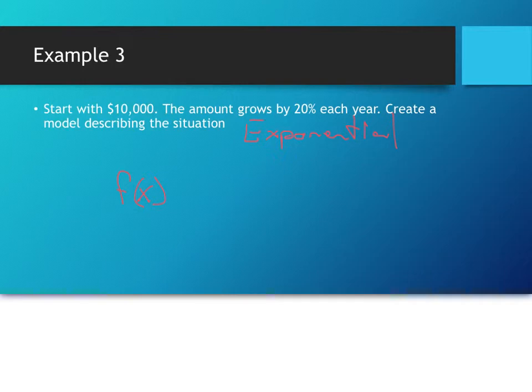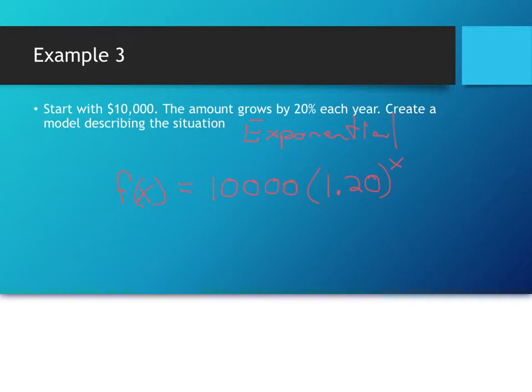And remember how exponential functions work. It's a, well, that's our starting amount, 10,000. And I grow by 20%. That means I'm multiplying by 1.20 every year. So x will be whatever the years are. Now this should look very familiar, because this is sort of the interest model, right?